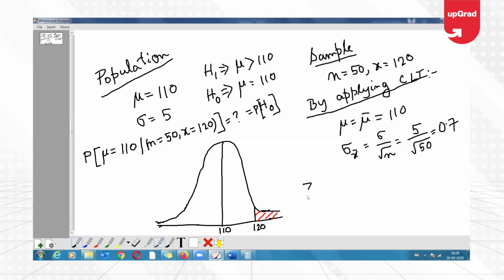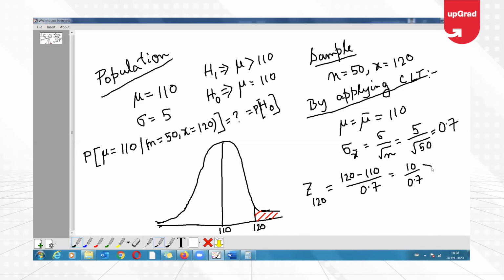So let's find the z-score of 120. The z-score of 120 is 120 minus 110 divided by 0.7, and that turns out to be 10 divided by 0.7, and this number is very, very large.